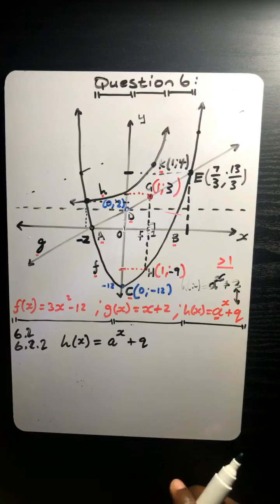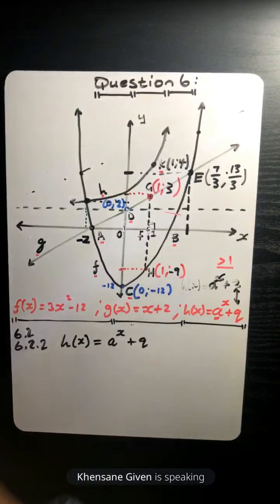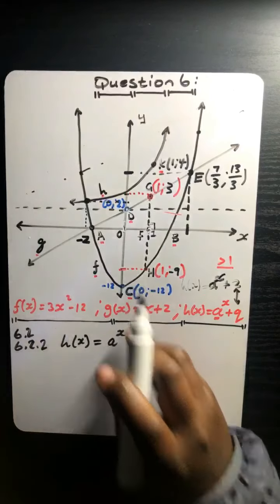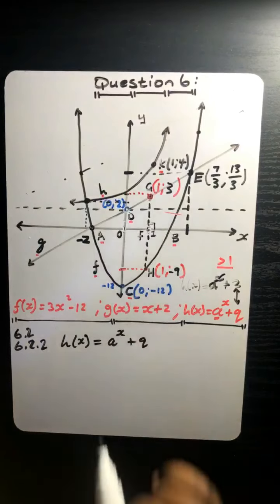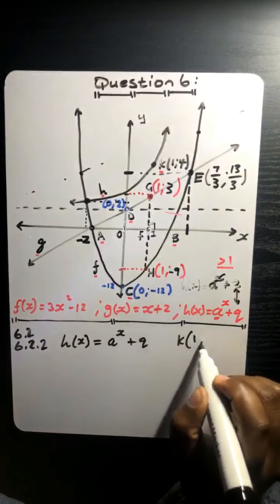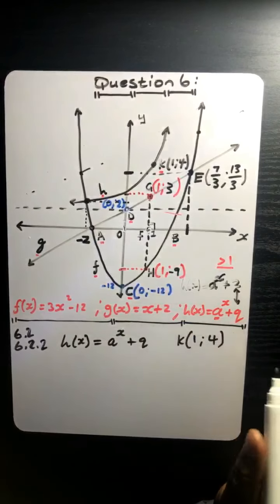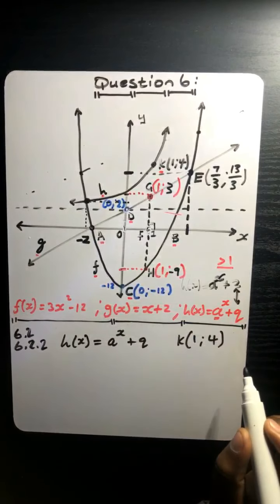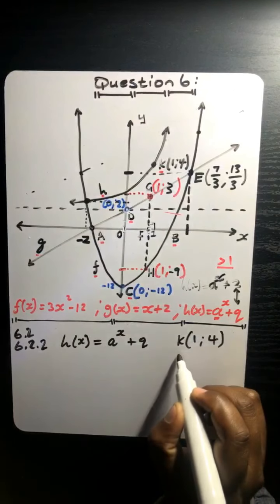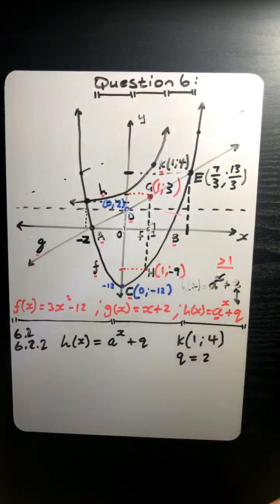Sir, can I try it? Go for it. As we are going to look at the coordinates of K, we know that K is (1; 4). Then we also know that we have the horizontal asymptote, and it's 2. So that means, in short, q is equal to 2, isn't it? Yes.